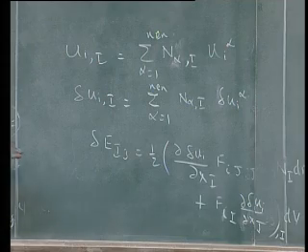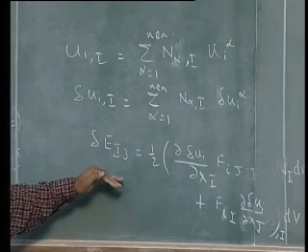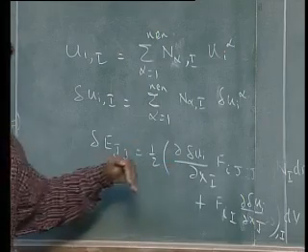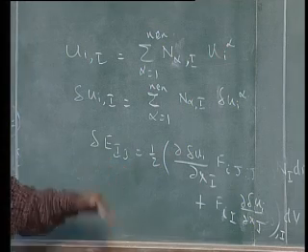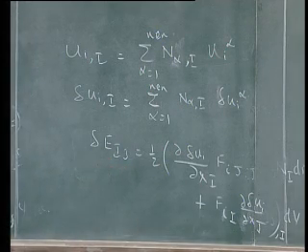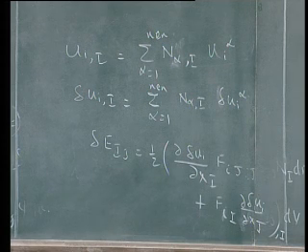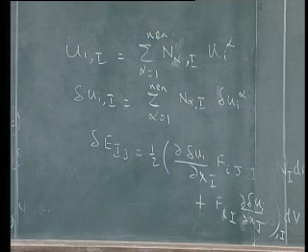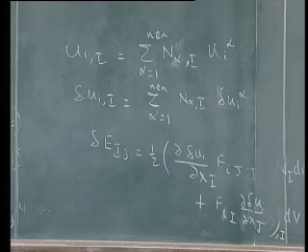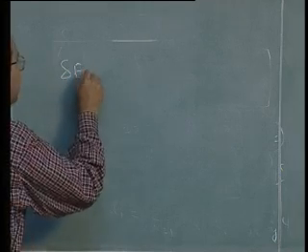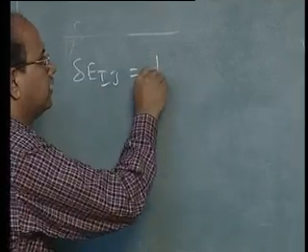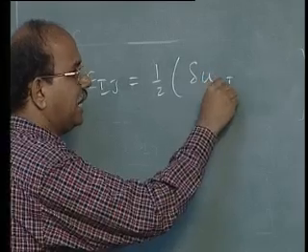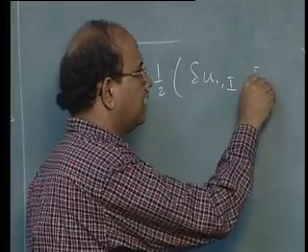Now the reason why we write δE_ij is because ultimately we are interested to write down finite element formulations in terms of strains, Green strains. That's the reason why we have written this down in terms of δE_ij. So in other words, that δE_ij can now be written in simple terms as half of δu_i,j F_ij plus F_ki δu_k,j.